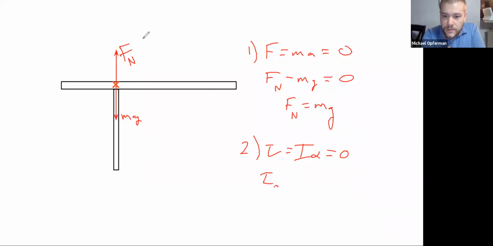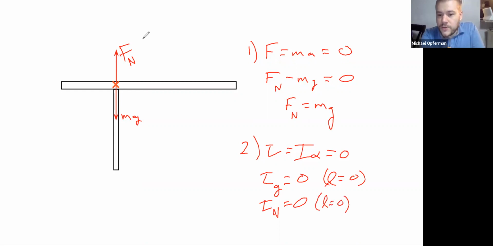The torque exerted by gravity equals 0 because L equals 0, and the torque exerted by the normal force equals 0 because L equals 0 for that one as well. So you end up getting 0 plus 0 equals 0, which is of course true.